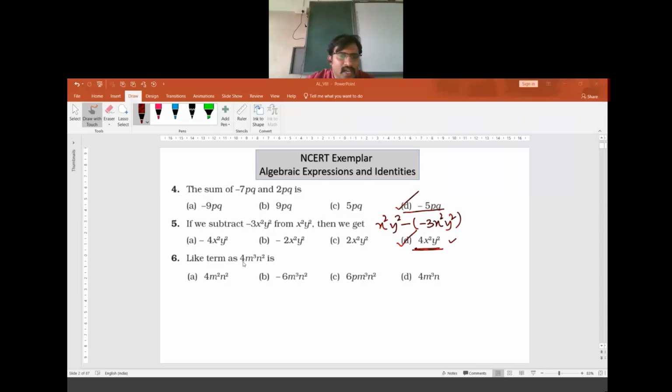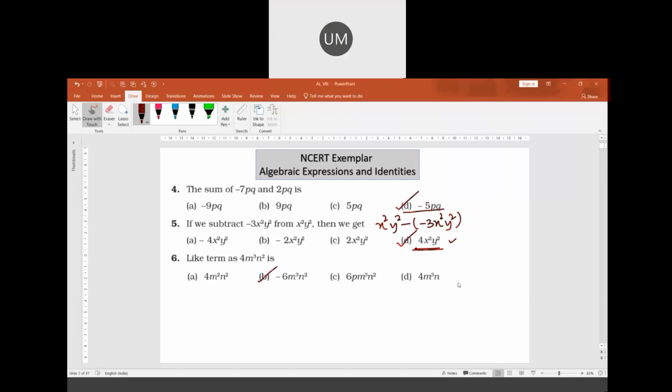A like term as 4m cube n square is which one? Minus 6 m cube n square. m cube n square is there in only one option. Option number B. Sir, m cube n square.